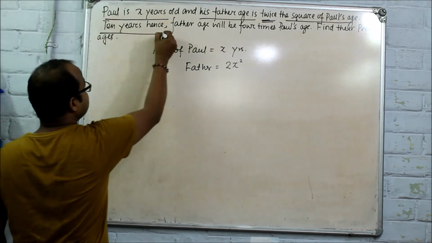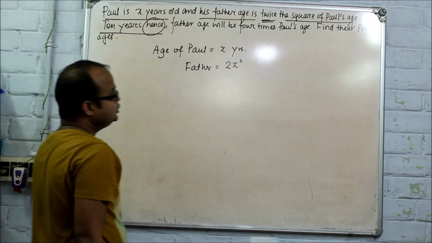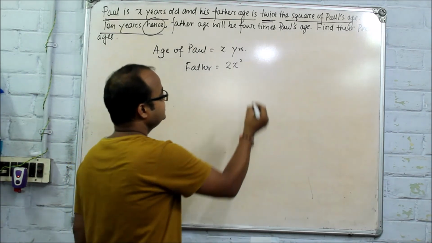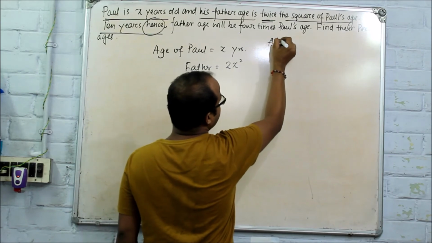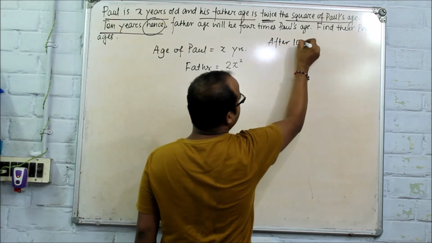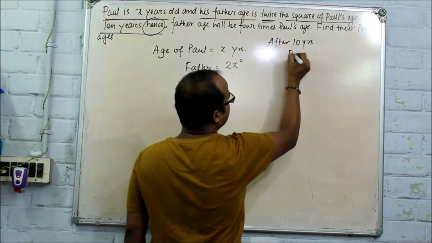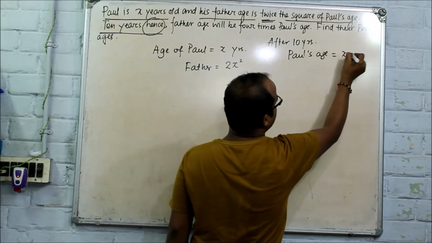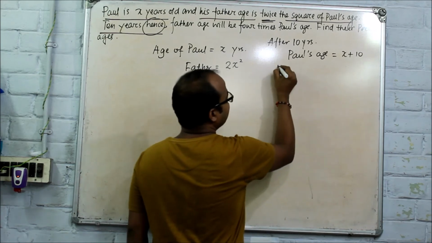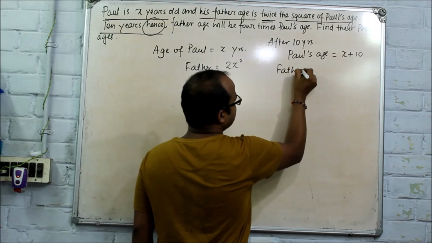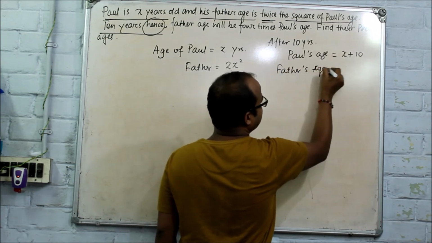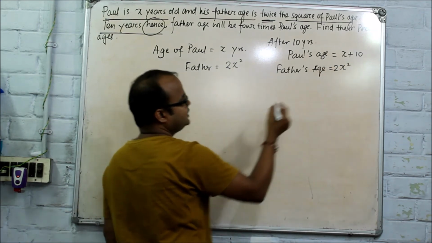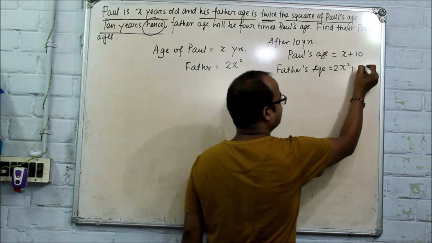10 years hence means after 10 years, both will be 10 years older. So after 10 years, Paul's age will be equal to x plus 10, and the father's age is 2x square, which is the present age of the father, plus 10, since he also gets older by 10 years.